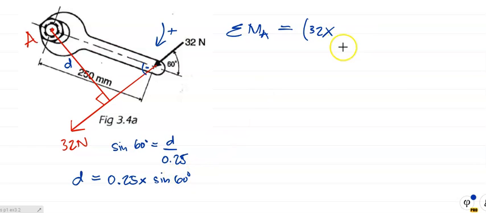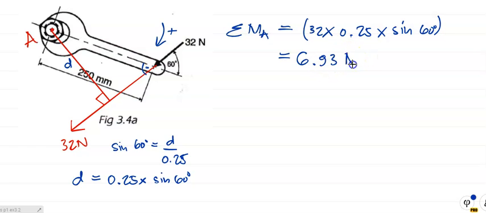So 32 times little d, but little d is 0.25 times sine 60. So it's 0.25 times sine 60 is equal to, picking up my calculator, and I get 6.93. So 6.93 newton meters. Newton meters, not per meter, newton meters, force times distance.